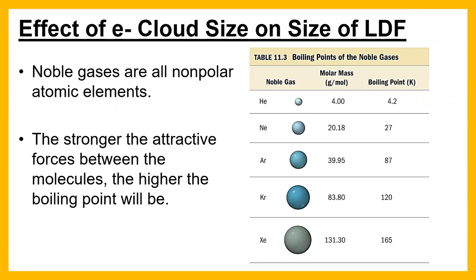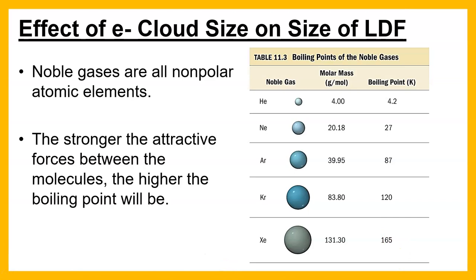You can see here, these are a bunch of noble gas atoms. Things that don't really want to interact with each other, right? But as the size of the electron cloud gets bigger, as you get more polarizable, can you see what happens to that boiling point?